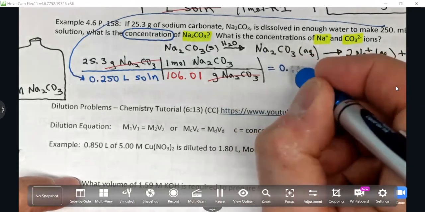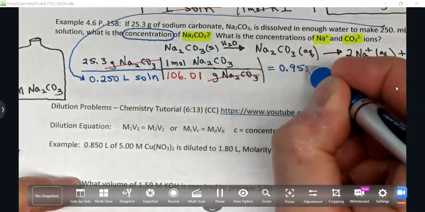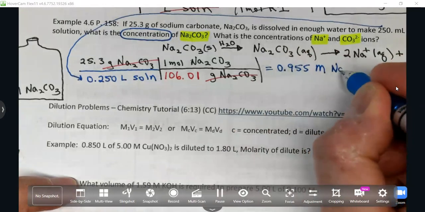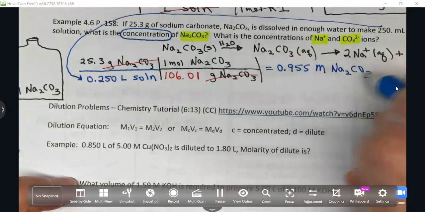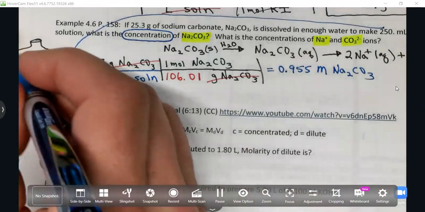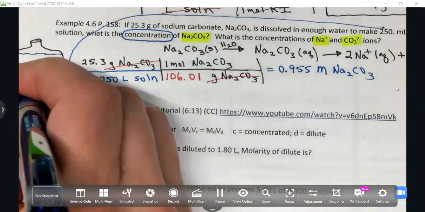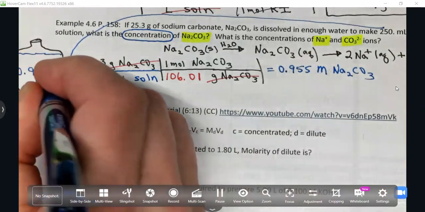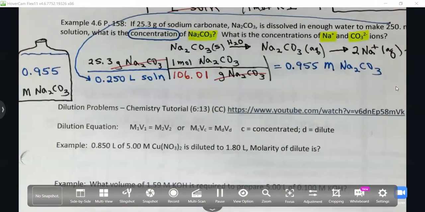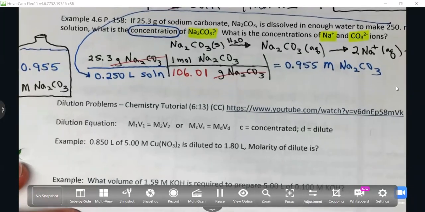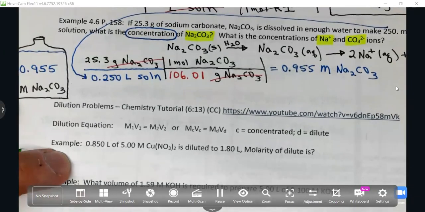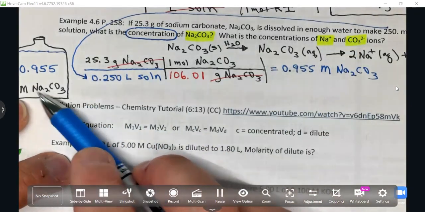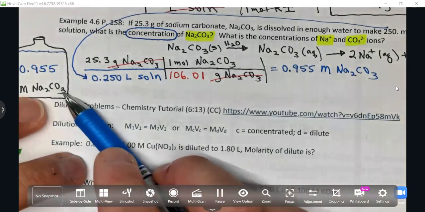So 0.955 molarity. It would be labeled again Na2CO3. But we know inside there is 2 sodiums floating around for every 1 carbonate, right?